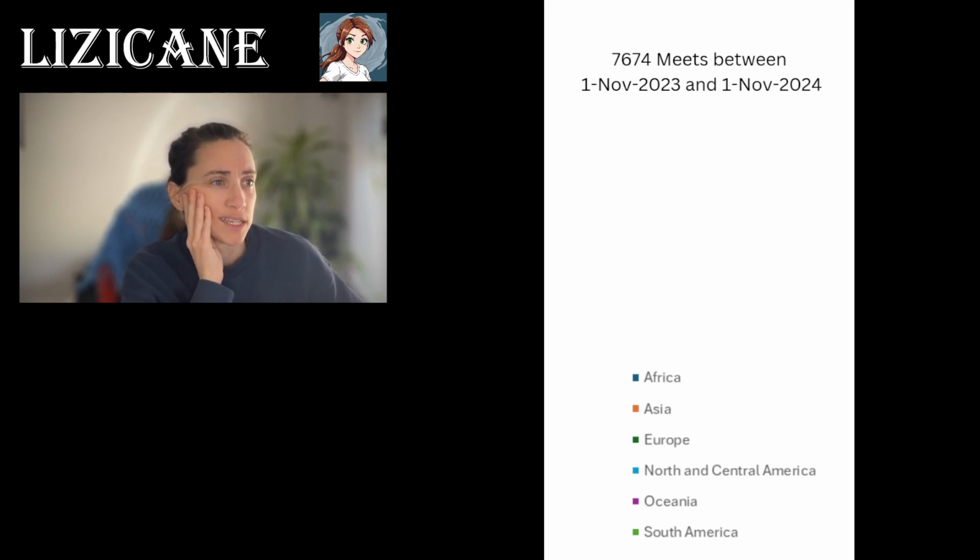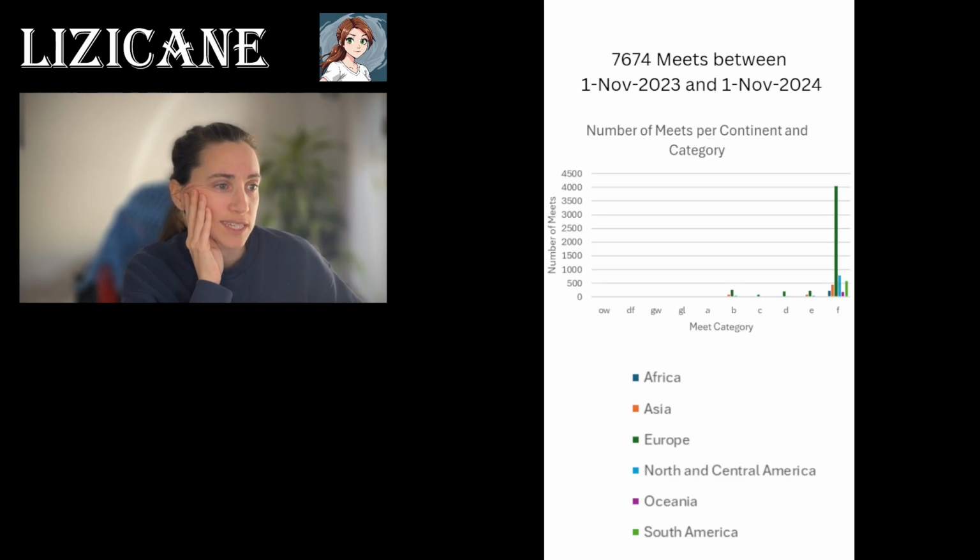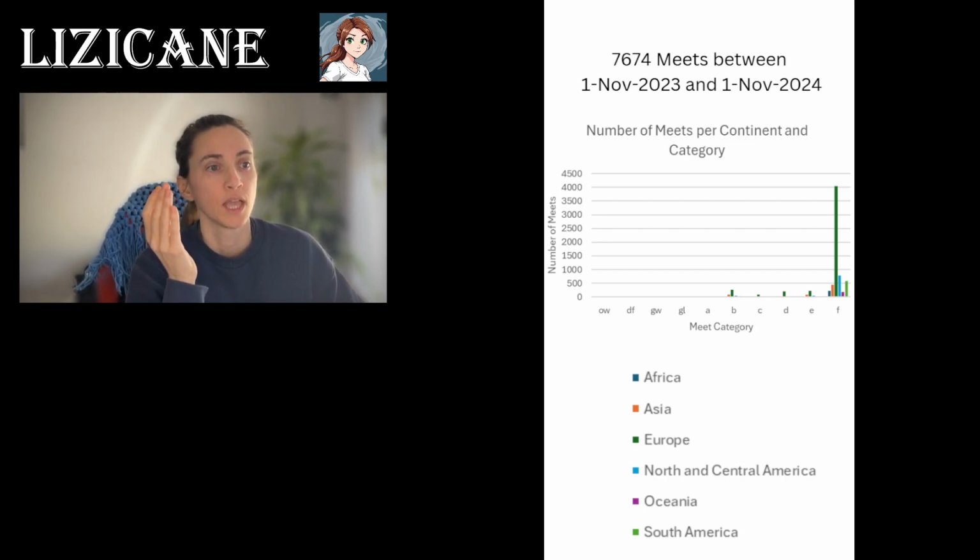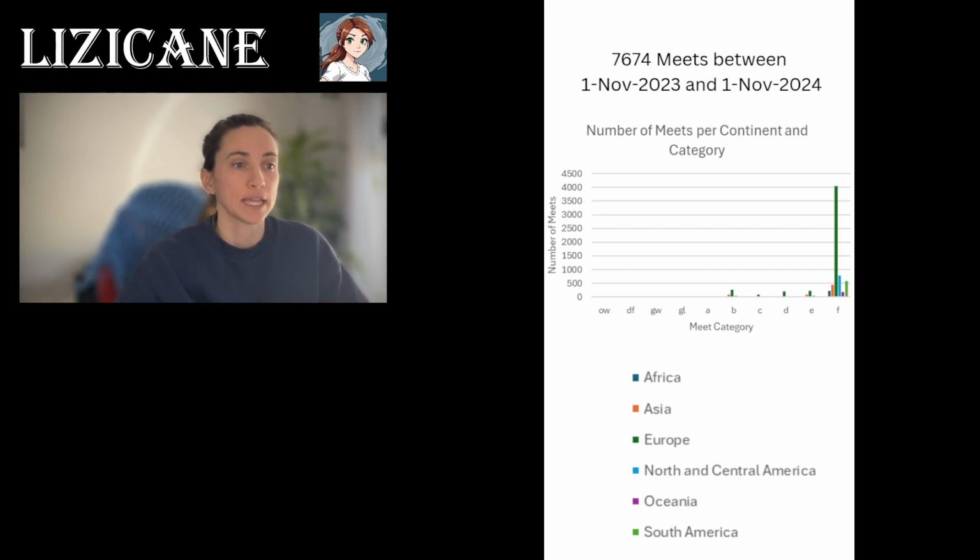So I took that idea and went to this. It's the same colors as the pie chart just a moment ago, and I know you can't see the left side. I will continue to zoom in so that you can see the ones on the left side. But just looking at F level meets, you can see that we've got this strong dark green bar. And again, that's Europe.